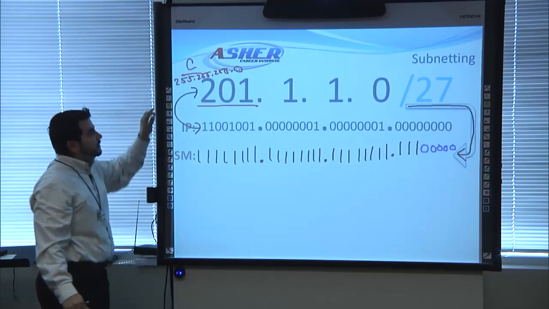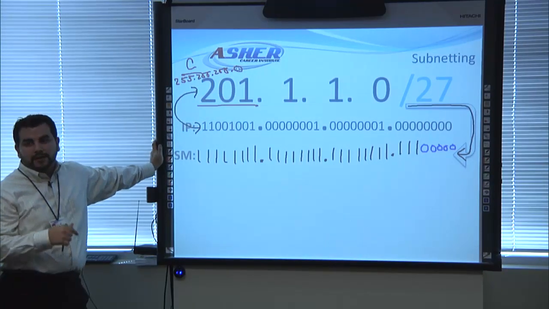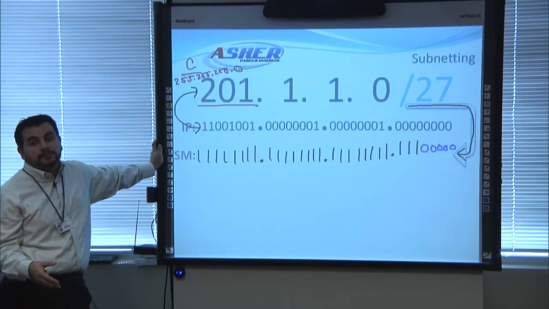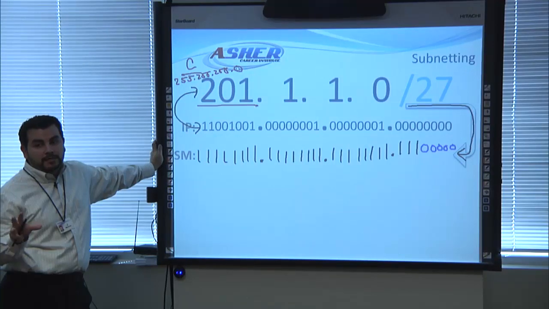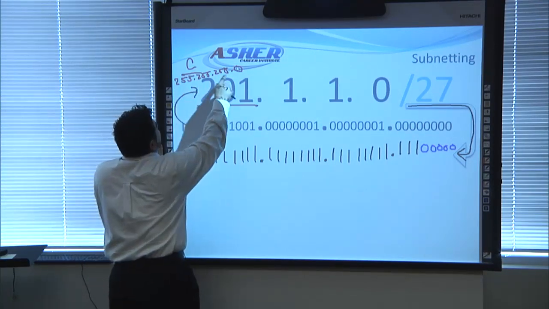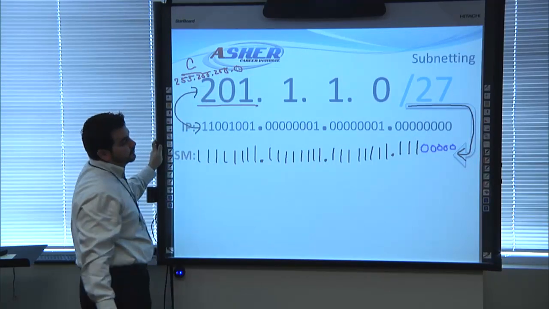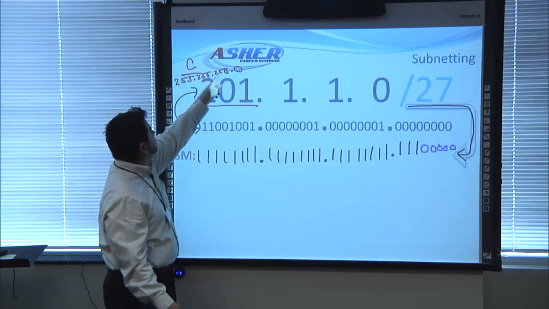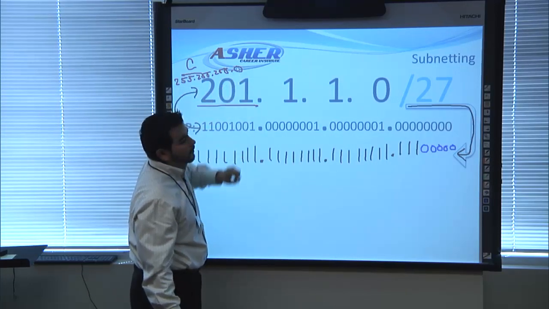It was supposed to have this type of subnet mask, 255.255.255.0. That's what a class C means. You remember that from the last one? So a class C has how many ones in the subnet mask? 24, right? 8, 16, 24. And there's supposed to be 8 zeros.